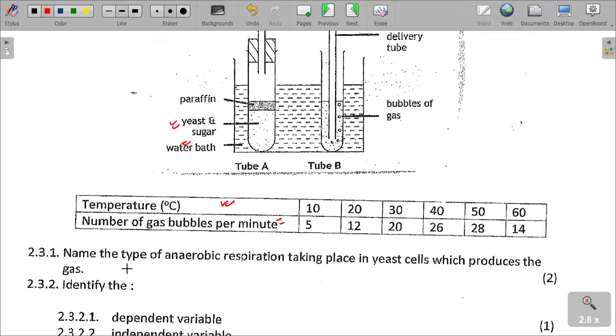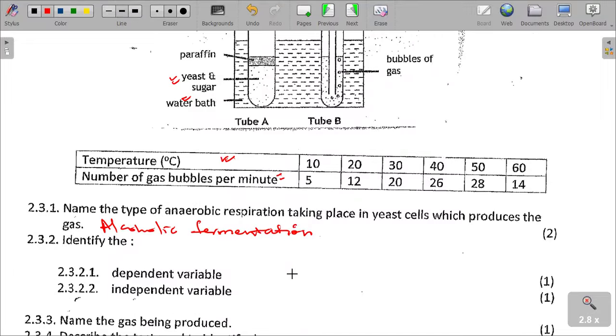So this type is called alcoholic fermentation. This is alcoholic fermentation that is being shown in this respect.